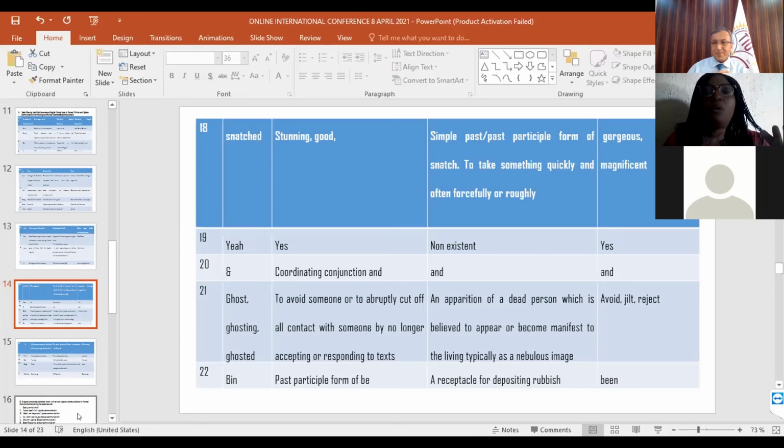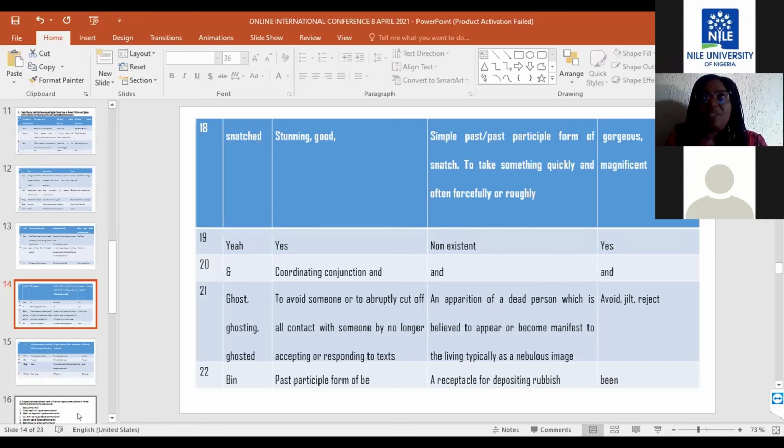No. This is the simple past and past participle form of the verb snatch, and it means to forcefully and quickly take something away from someone. So how about just saying in the standard English that, hey, you look gorgeous, you look magnificent, you look elegant.